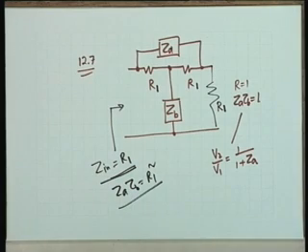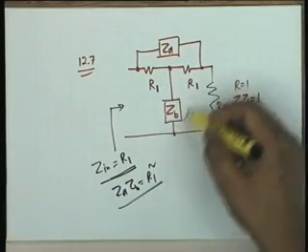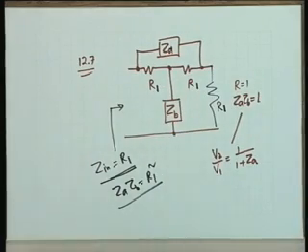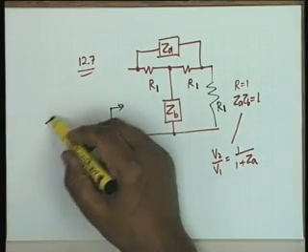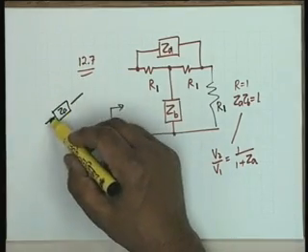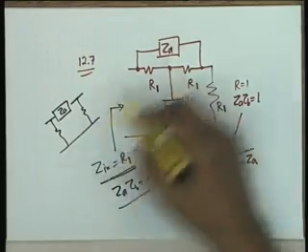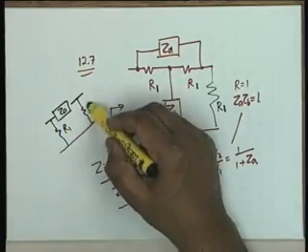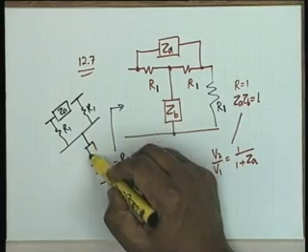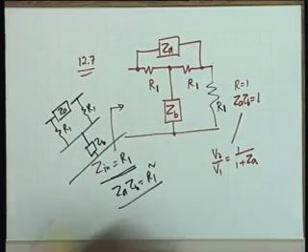Is there any other method to show this, that the input impedance is R? Instead of converting this T into a pi, can you think of something by the symmetry of the circuit? What I was saying is, you could also consider this as a pi and then as ZB.